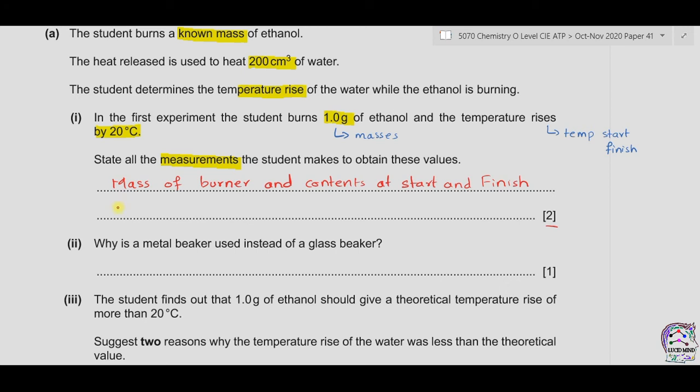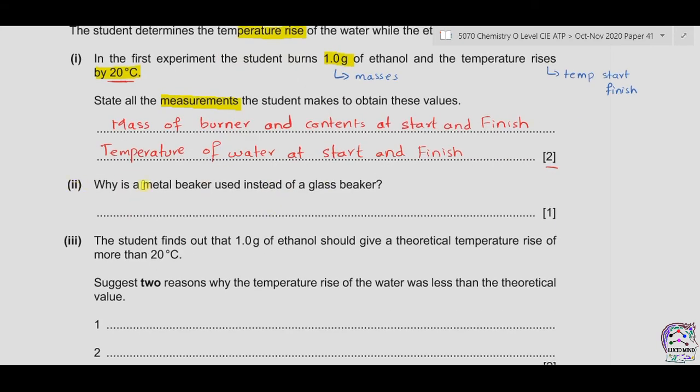Second is the measurement of temperature, so we can write: temperature of water at start and finish. So it is the final temperature minus the initial temperature, and the student gets 20 degrees centigrade. And final mass minus initial mass, he gets 1 gram.